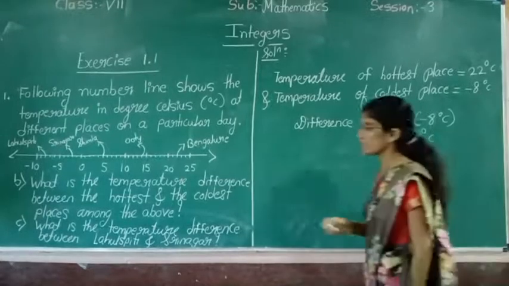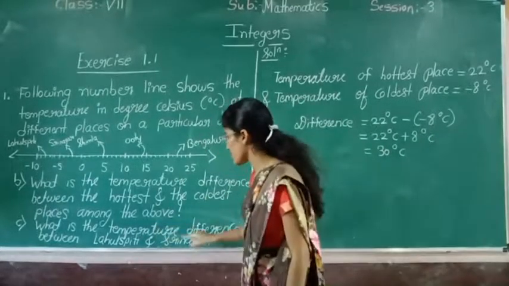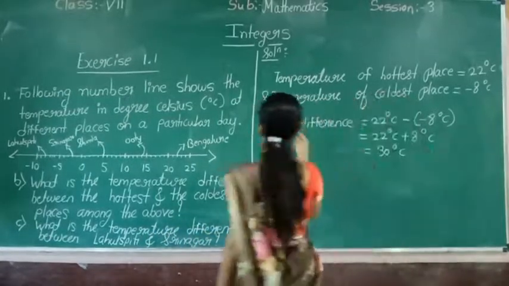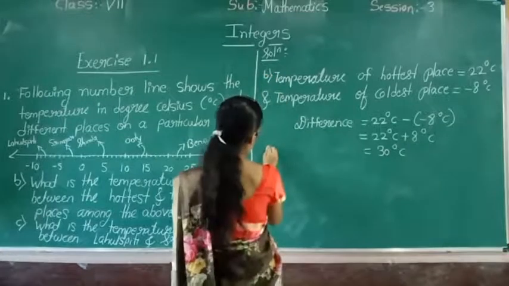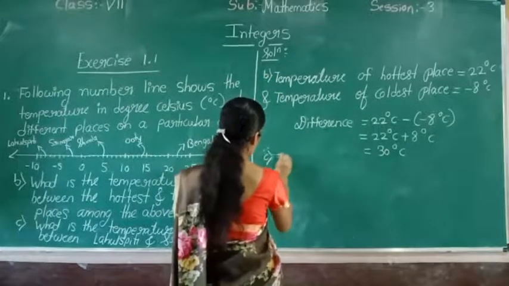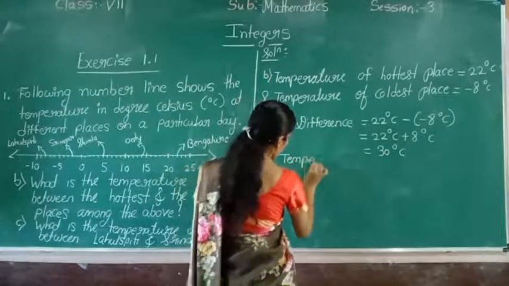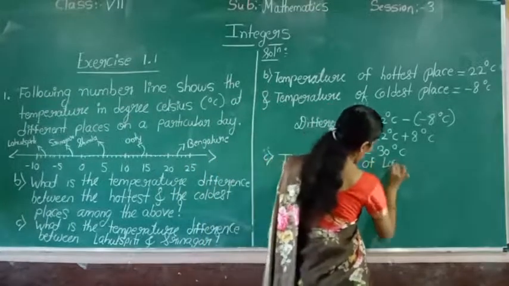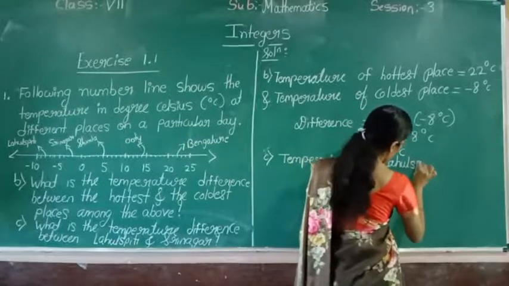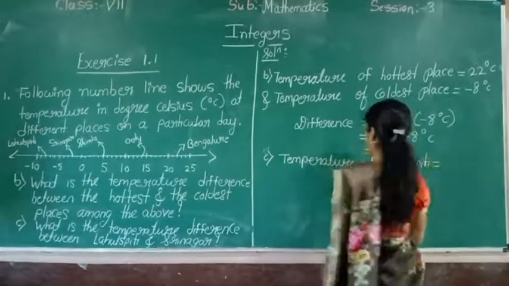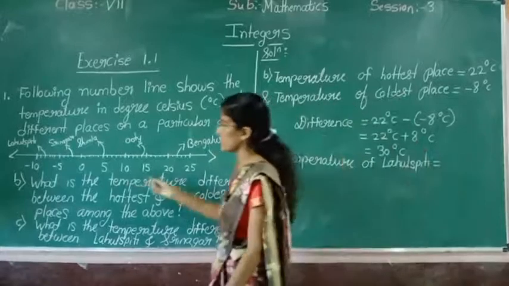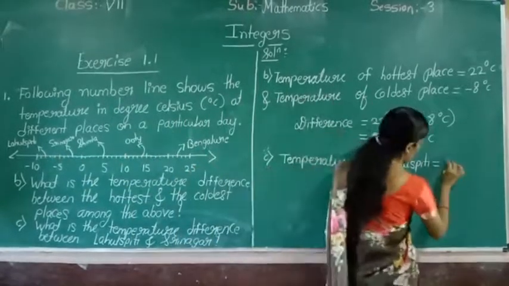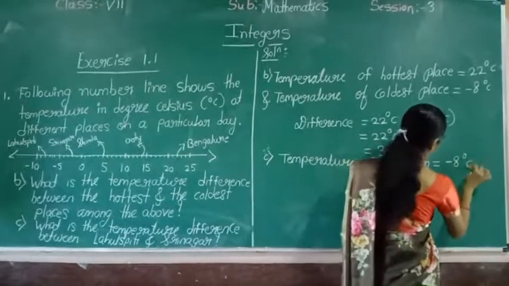Now we will go for C1. What is the temperature difference between Lahul Spiti and Srinagar? First, the temperature of Lahul Spiti is -8 degrees Celsius.